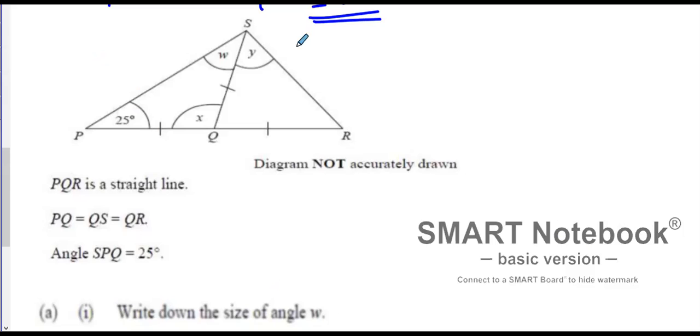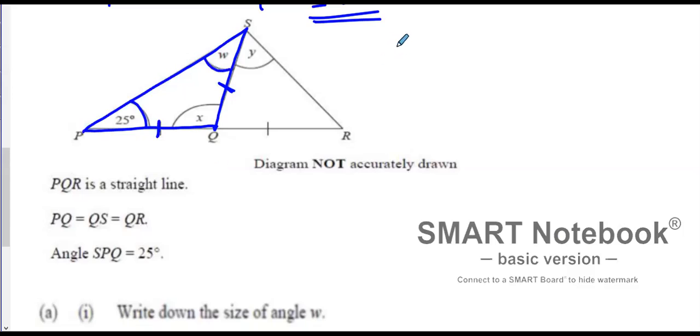If you remember the concepts which I have used earlier, if you have got a triangle like this and we have these symbols here, this symbol indicates that this triangle is an isosceles triangle, and therefore these base angles are equal.